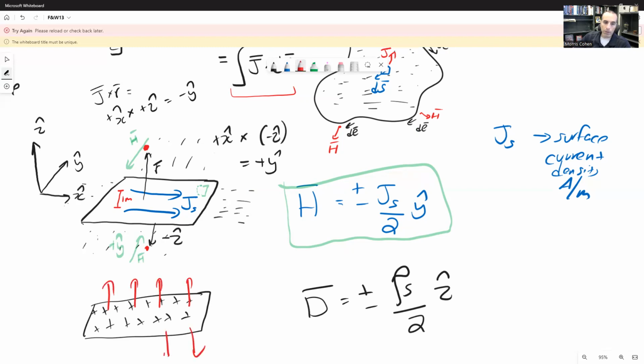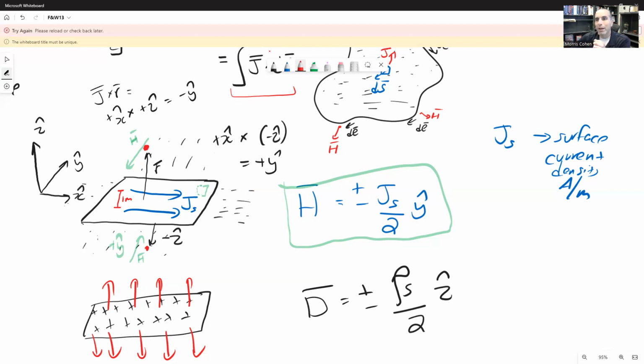So pointed upwards or downwards, depending on whether you were above or below. And the amount of that electric flux density was equal to rho s divided by 2. Right? It's the surface charge density divided by 2. For magnetic fields, it's Js, the surface current density, divided by 2, gives us the magnetic field.